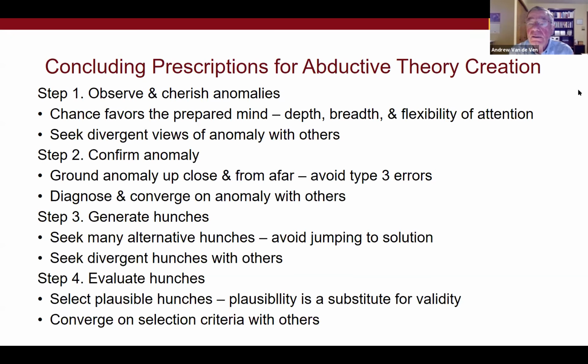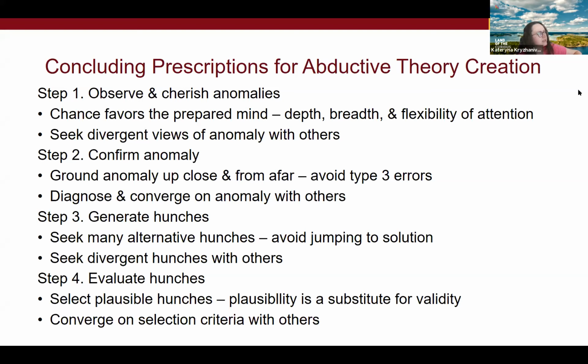Katrina. Yes, I have one more question, referring to step 1, where you state that we should observe and cherish anomalies. My question is, what kind of observation techniques would you recommend at this stage? For example, narrative reflections together with your research group, or analyzing the data collectively.